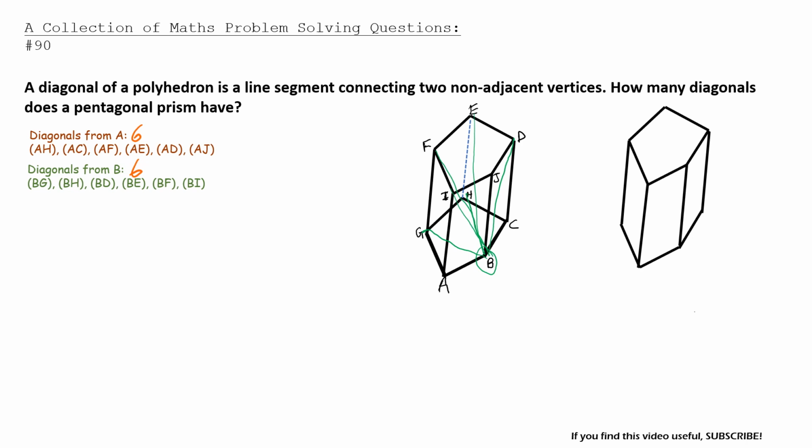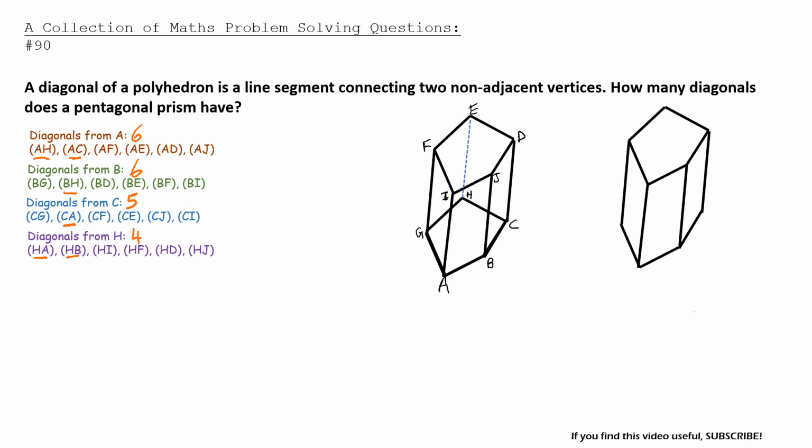So again we have 6 diagonals from B. The next point, the diagonals from C. Here again we can have 6 diagonals, but we are counting and we cannot repeat. CA we have already counted before in diagonals from A, so we ignore CA. So we've got 5 diagonals.